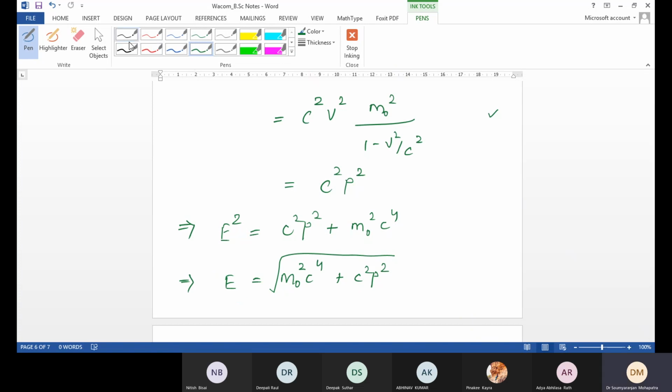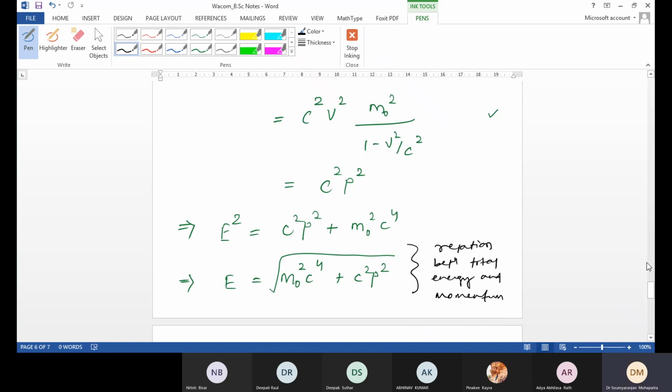Okay. This is the relation between total energy and momentum. Is that clear? So E is equal to root over m naught square c4 plus c square p square.